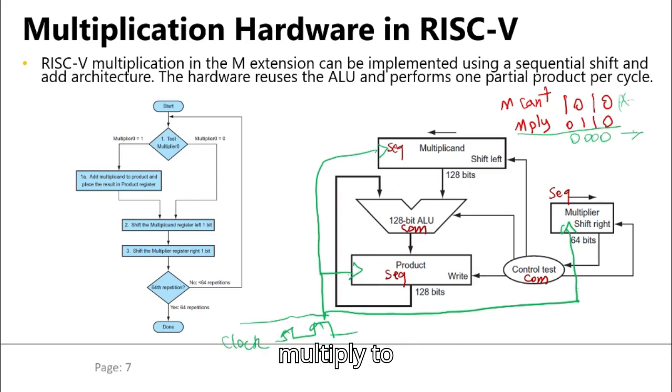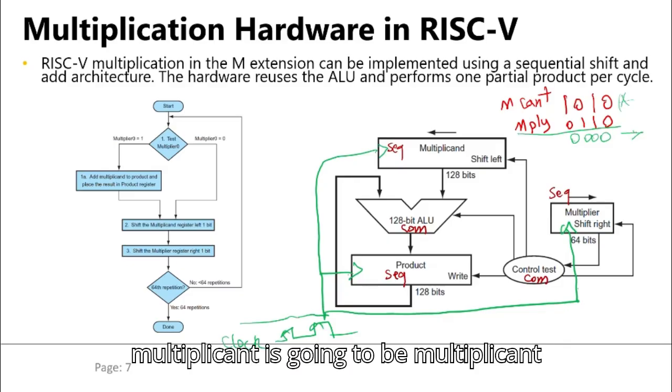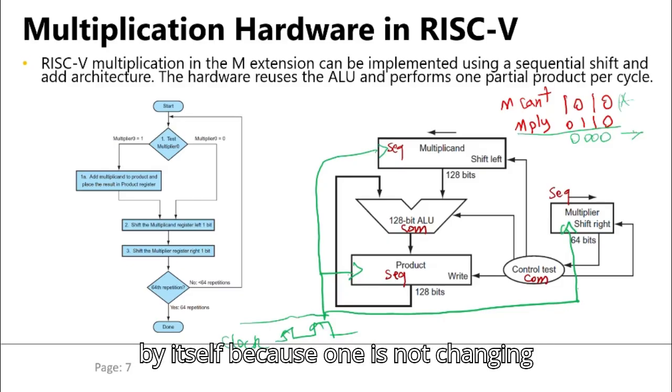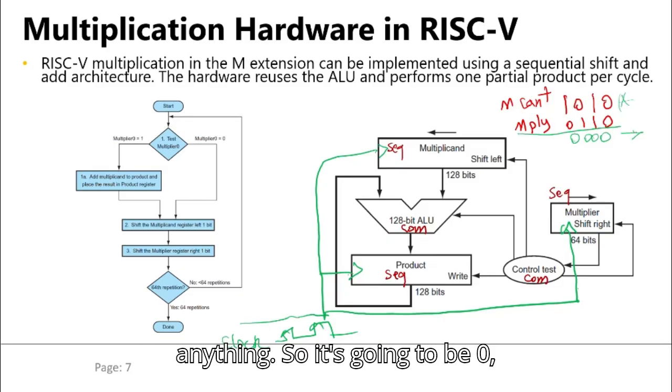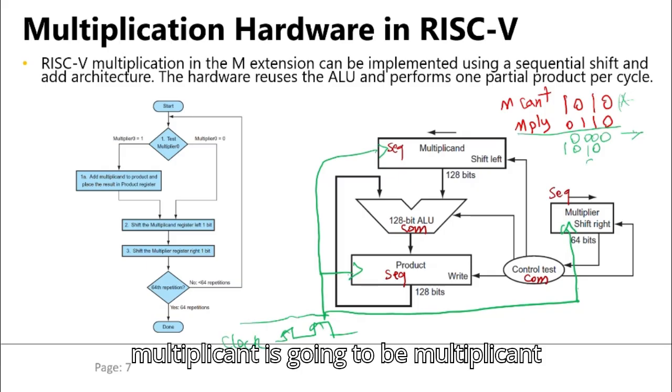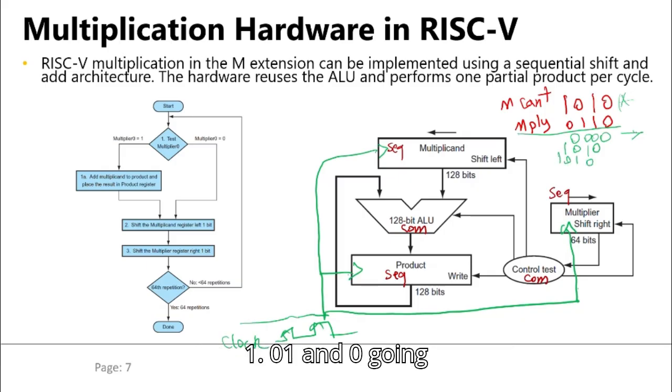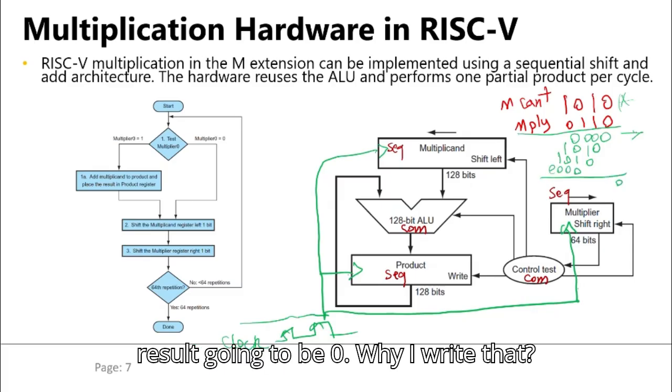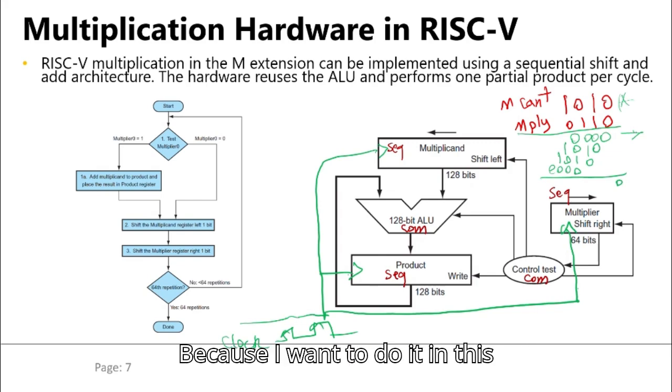So 1 multiplied by the multiplicand is going to be the multiplicand itself, because 1 is not changing anything. So it's going to be 0, 1, 0, 1. Again shift. Again, 1 multiplied by the multiplicand is going to be the multiplicand, 1, 0, 1. And 0 is going to be all 0. The result is going to be 0. Why do I write that? Because I want to check it in this algorithm.